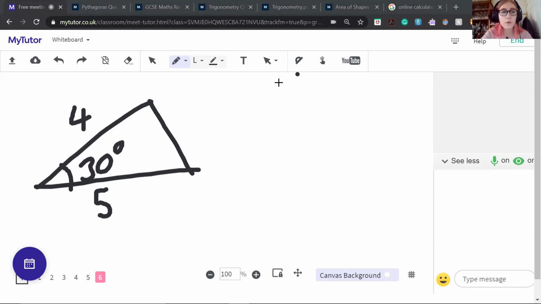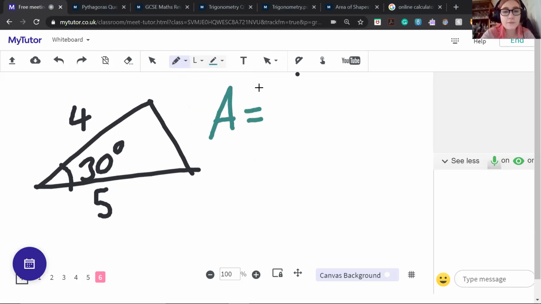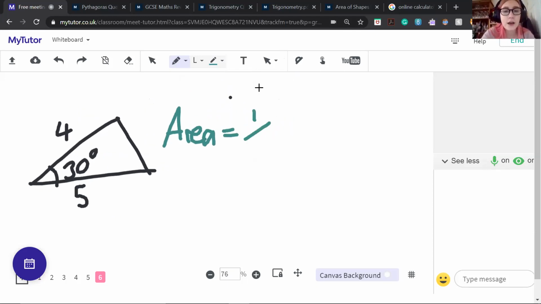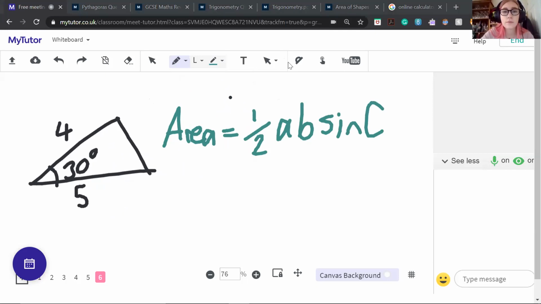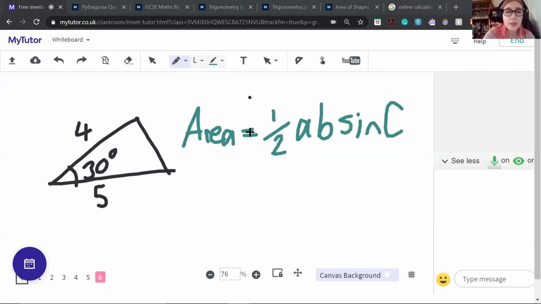So what it is, I'll just write it out and then explain which is which. So the area, I'm going to write area so that we don't get confused with labeling the triangle, is half AB sine C. So what this means is, again, we label our triangle in the same way.